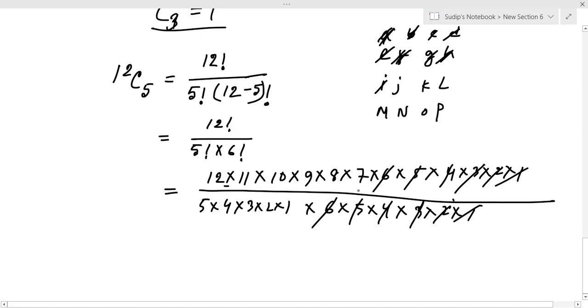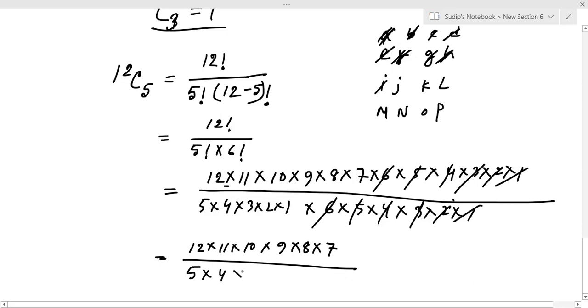So what you get is 12 into 11 into 10 into 9 into 8 into 7, and here you have 5 into 4 into 3 into 2 into 1.